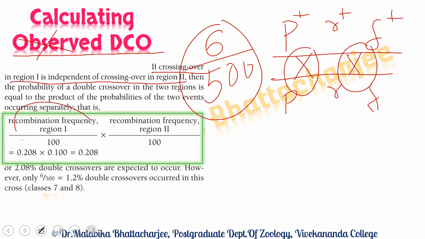So recombination frequency of region 1 divided by 100 into recombination frequency of region 2 divided by 100 will give you the expected DCO.